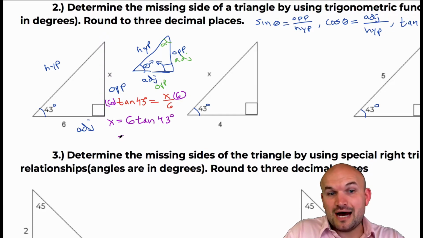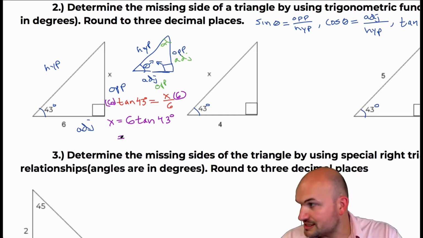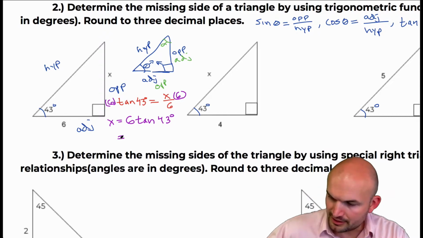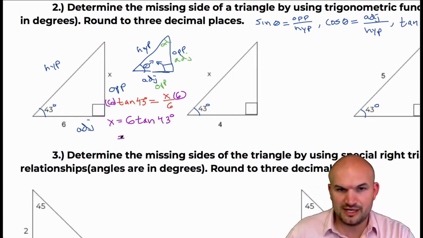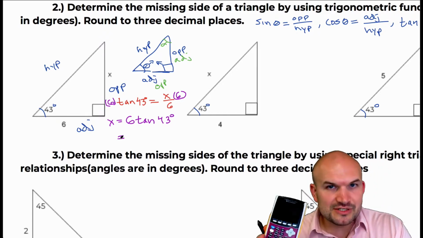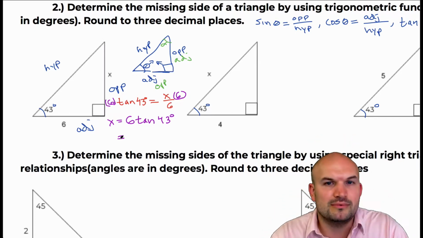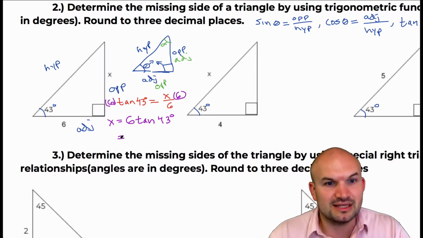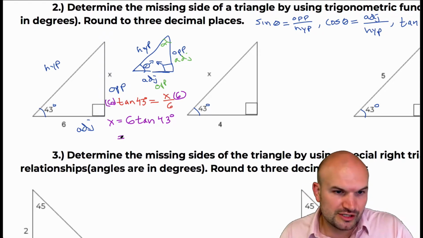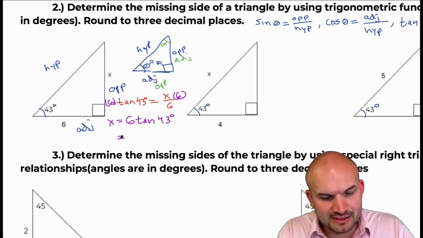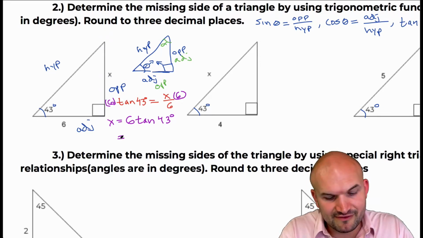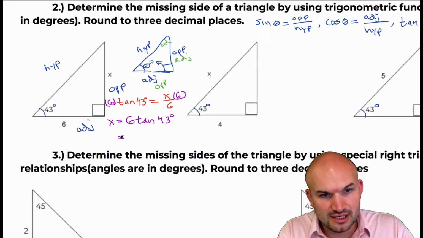Okay, and now all it comes down to is plugging this information into your calculator. I'm using a TI calculator, and I do have the software that I'll possibly go over in some different lessons today, but it doesn't really matter. All you need is a scientific calculator. The main thing when dealing with trig is to make sure that your mode is in degree mode, and then all we're simply going to type in is exactly how I have it written there, 6 times the tangent of 43.